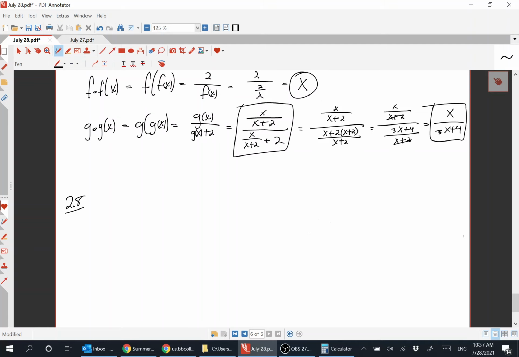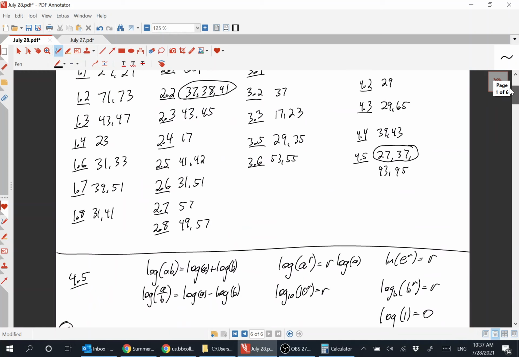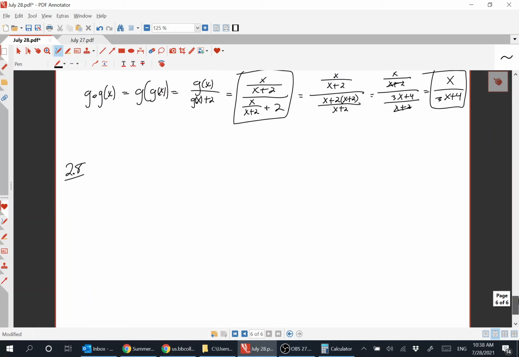So here in 2.8, finding inverse functions, you have to have a 1-to-1 function. Let's see, 49 and 57. One type of function that always has an inverse function is a linear function. So f of x is equal to 7 minus 5x. Find f inverse of x.